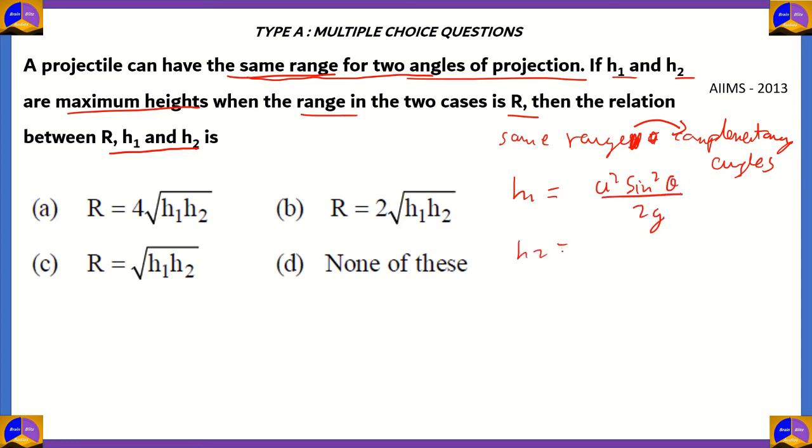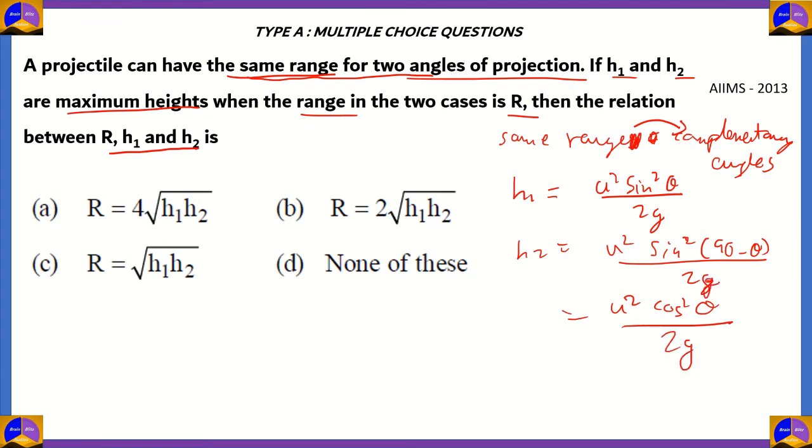And for h2, since it's complementary, it'll be u square sine square of 90 minus theta divided by 2g. Sine of 90 minus theta is cos theta, so it will be u square cos square theta divided by 2g. So now we know the values of h1 and h2.